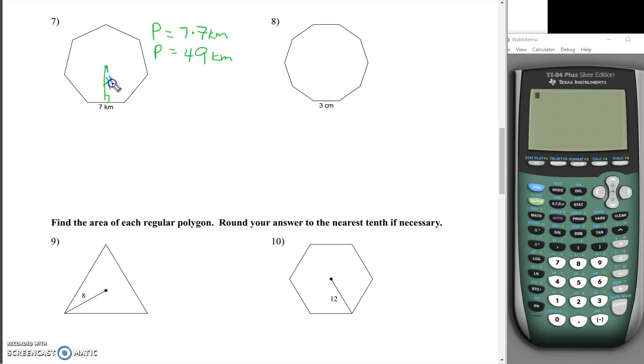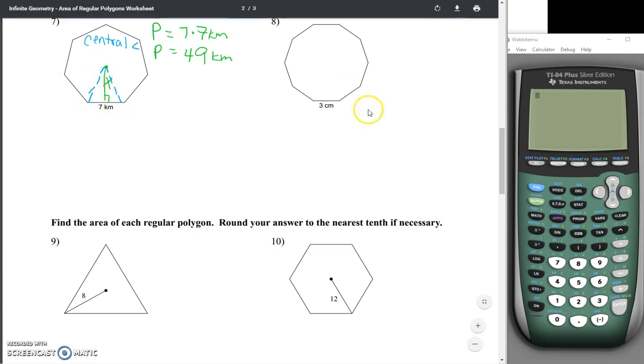So here to here, my blue dotted line, I want to find the measure of that angle. Okay, so to do that, this is what's called a central angle. I have an angle at the center of my shape, and it's going to each vertex. So vertex, center, vertex, that gives me my central angle.